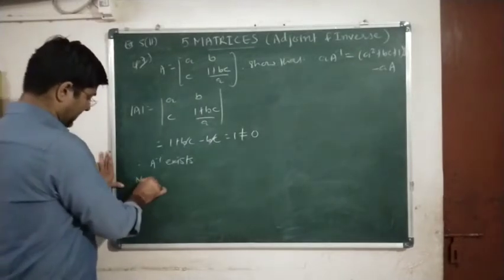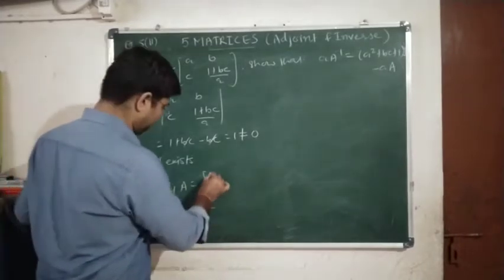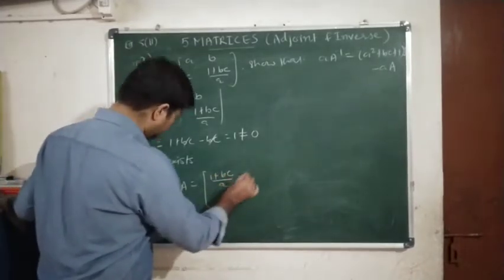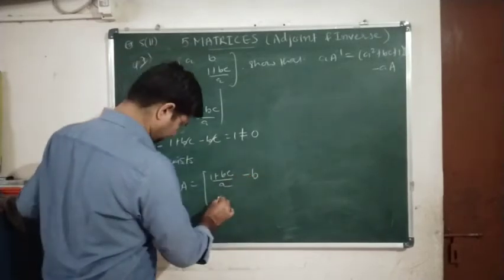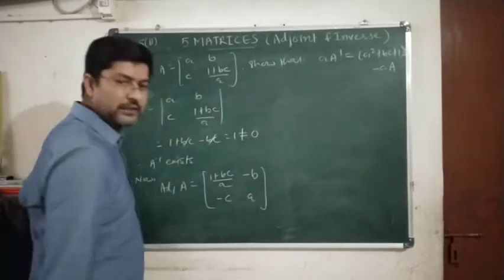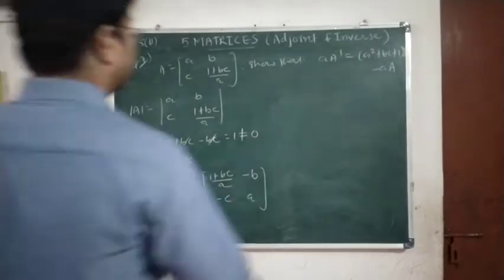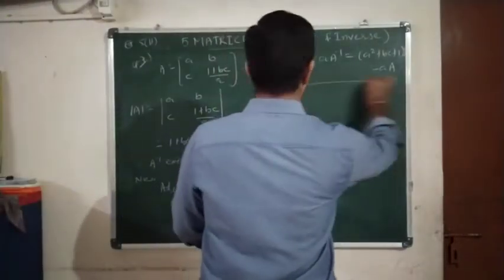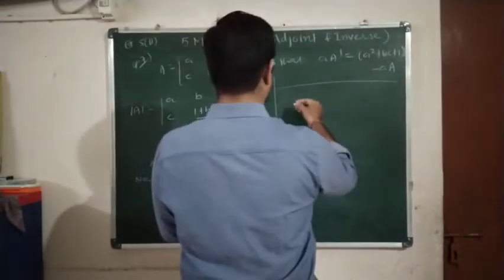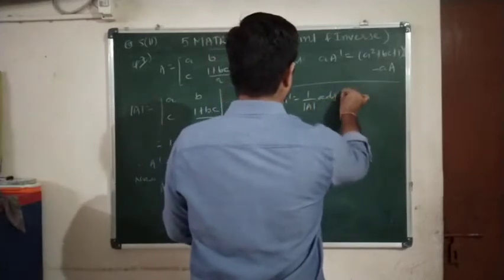Now we have to find the adjoint of A. So [(1 + bc)/a, -b; -c, a]. Okay, this is the adjoint of A. So now let us find A inverse: 1 upon determinant of A into adjoint of A.